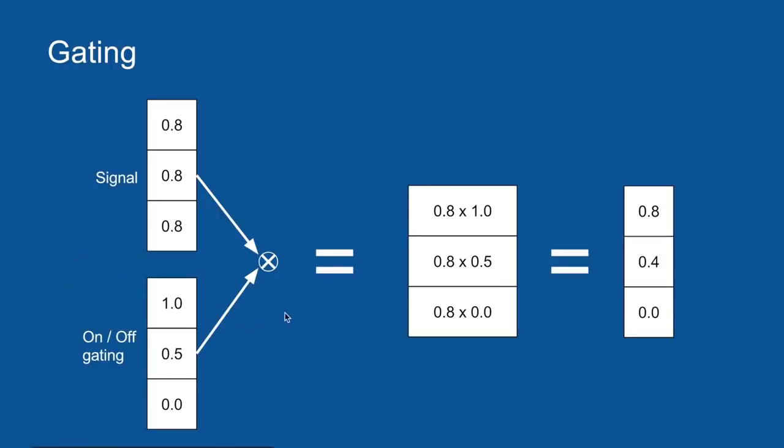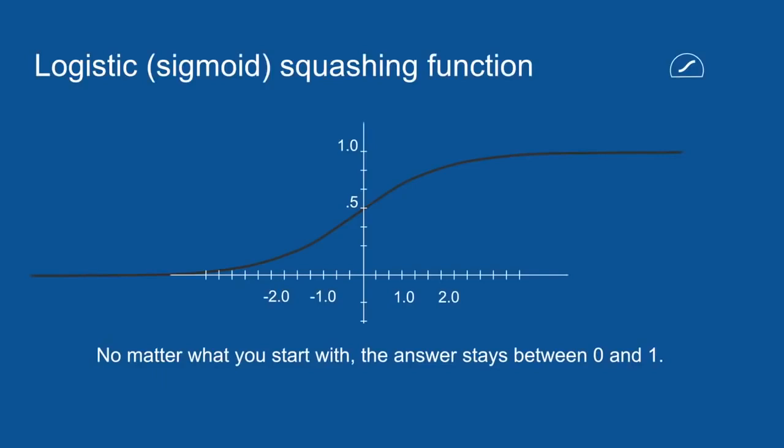With element-wise multiplication, we get 0.8 times 1 equals 0.8. That signal passed right through into the output vector. But for the last element, 0.8 times 0 equals 0. The original signal was effectively blocked. And then with the gating value of 0.5, the signal was passed through, but it's smaller. It's attenuated. So gating lets us control what passes through and what gets blocked, which is really useful.